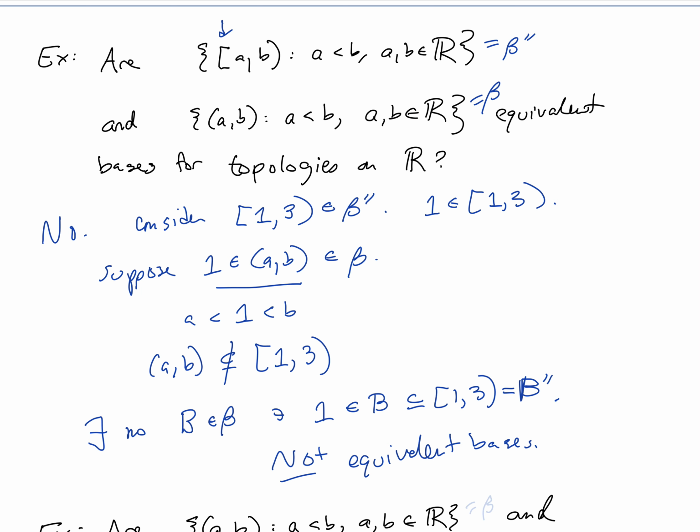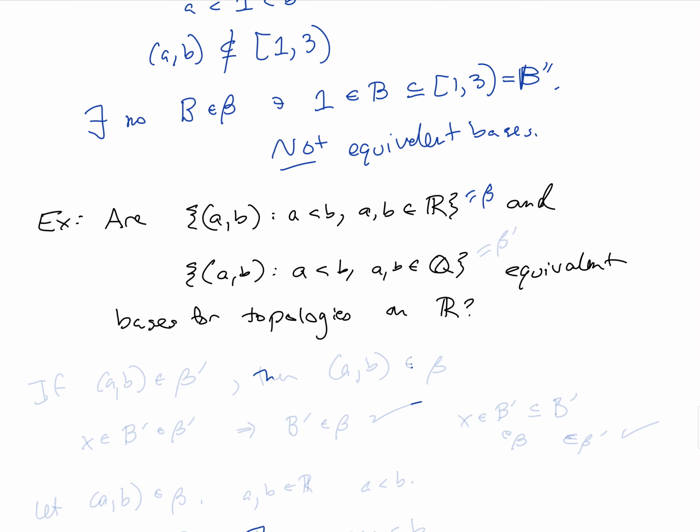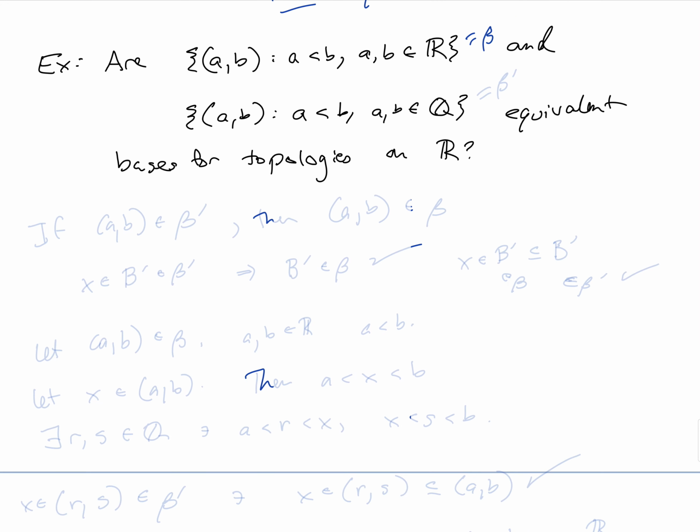For our second example, we'll again call the usual basis for the usual topology on R beta, and we'll call this one with rational endpoints beta prime. If (A, B) is an element of beta prime, then (A, B) is also an element of beta, because if it's a rational number, then it's also a real number.